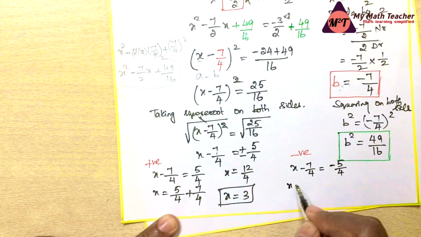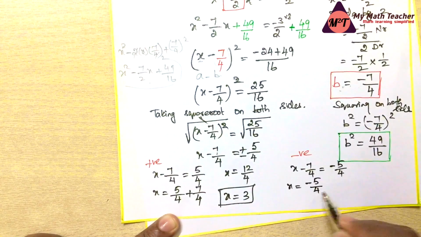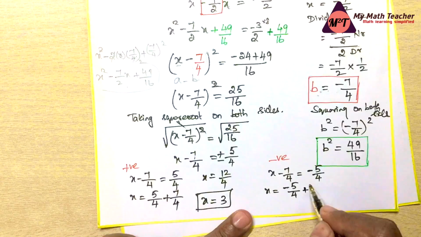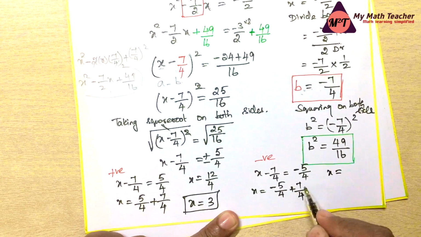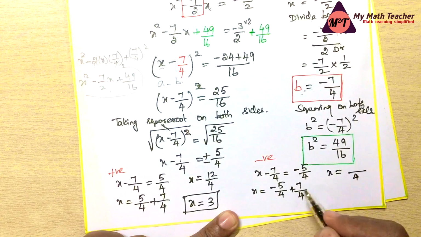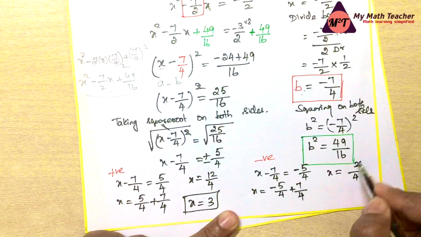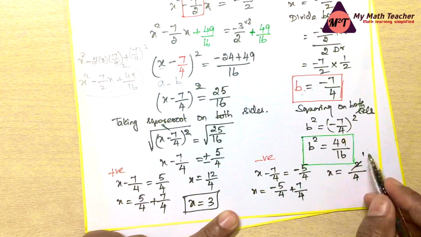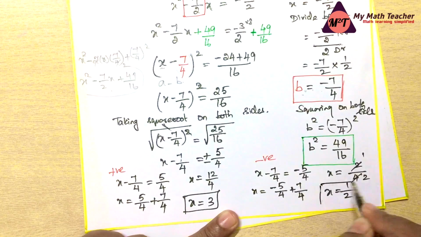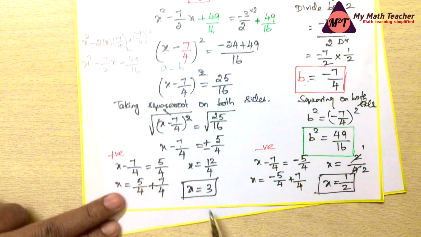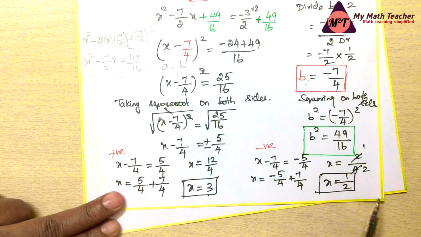So x is equal to negative 5 by 4 plus 7 by 4, which is, taking LCM, adding the numbers, minus 5 plus 7 will be 2 by 4. When you simplify, you can divide by 2. It is x is equal to 1 by 2. Now the two solutions here are 3 and 1 by 2.